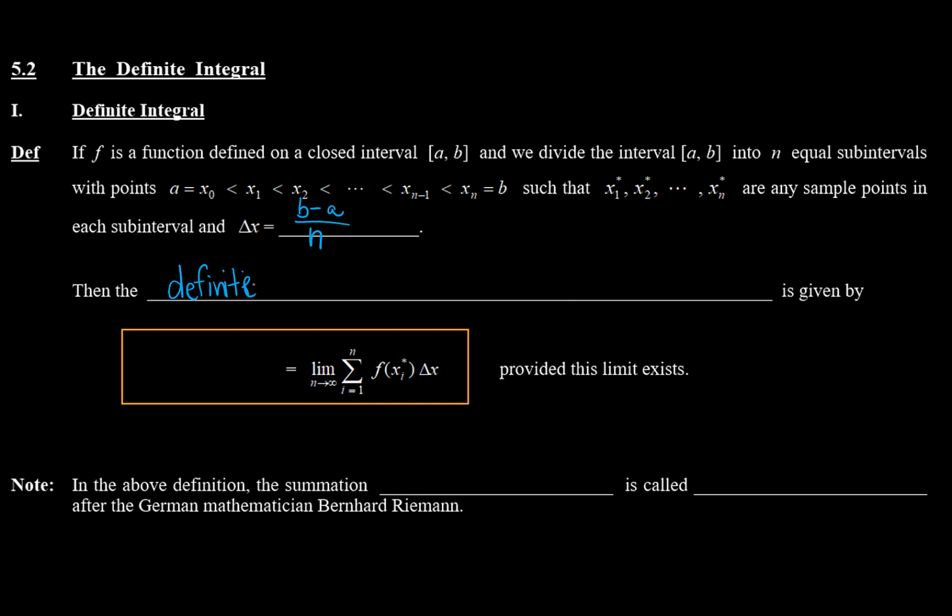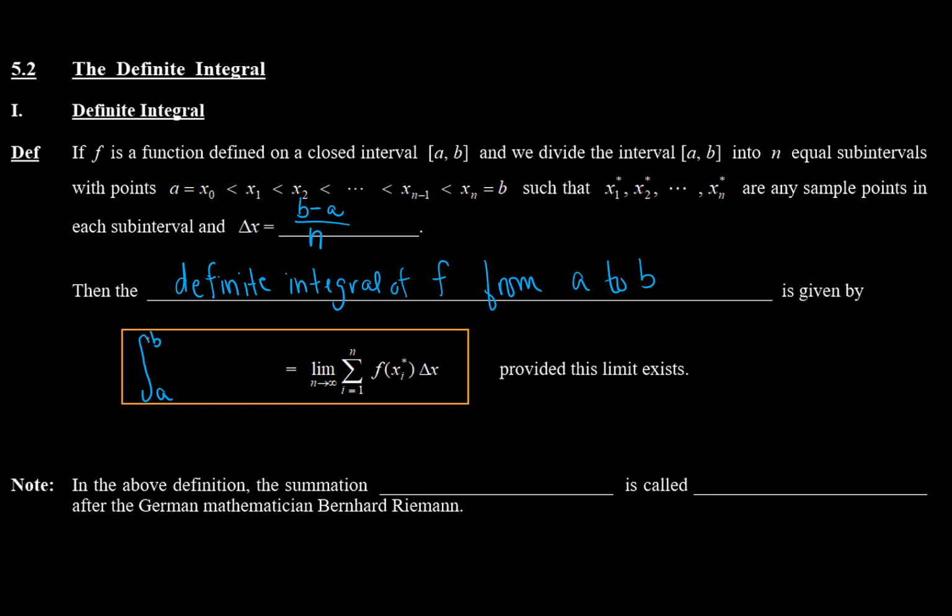The definite, why can't I spell today? Definite, there we go. Then the definite integral of f from a to b is given by this notation. So we have this integral.